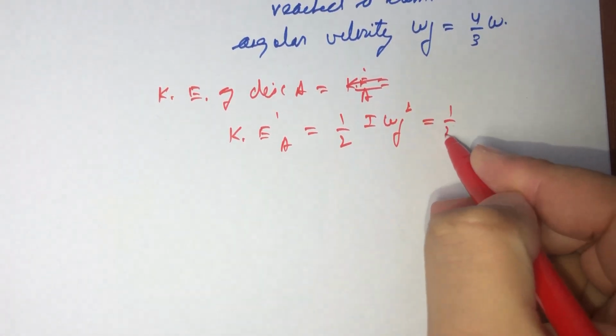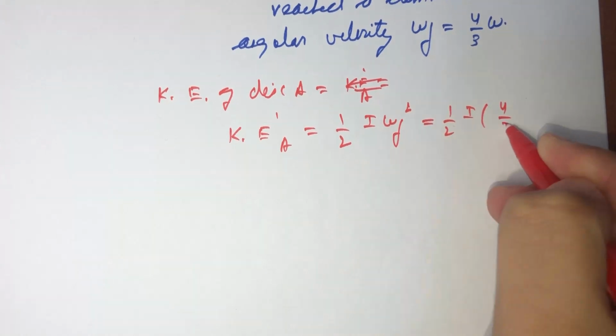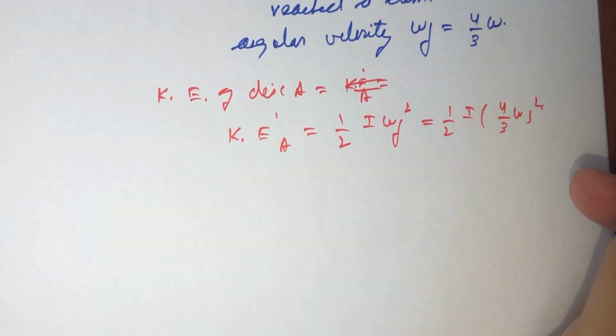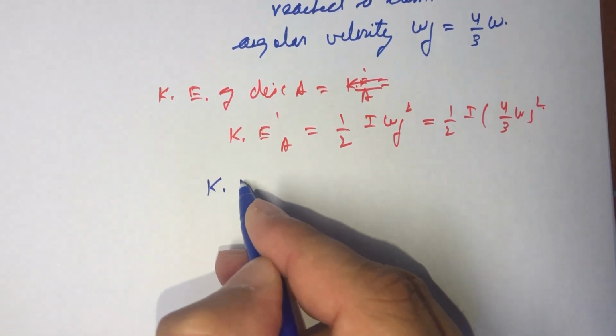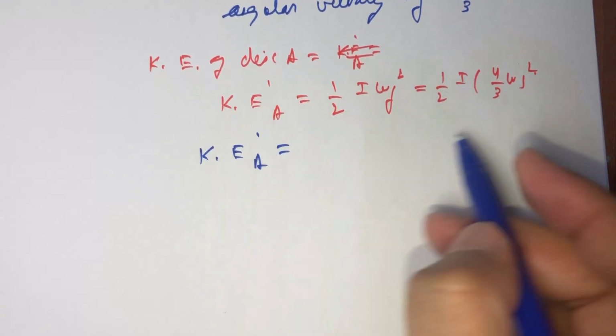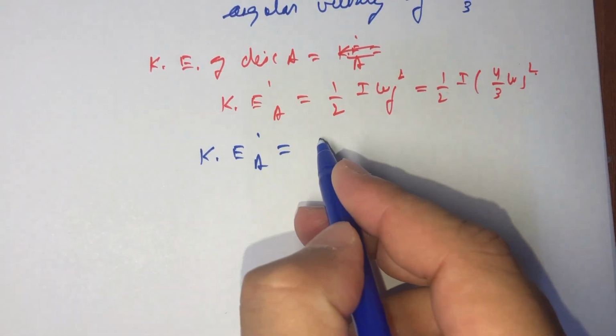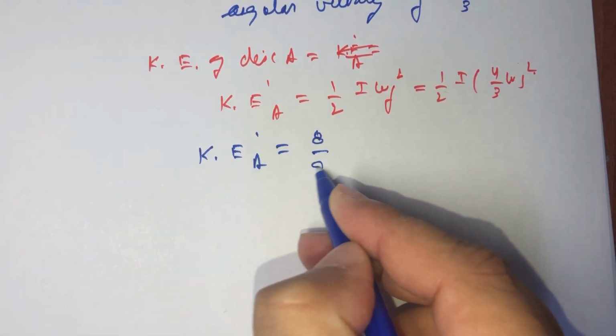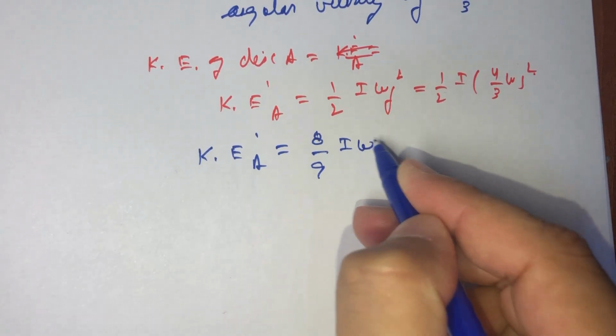So it becomes half I, 4 by 3 omega whole square. So we get kinetic energy of A is equal to 8 by 9 I omega square.